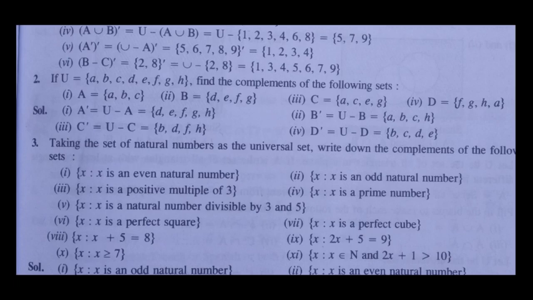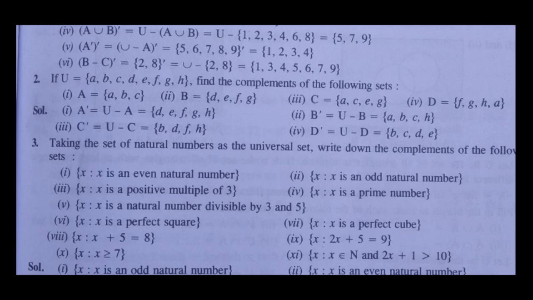See the second question. In the second question they have given, if U is the universal set and it contains A, B, C, D, E, F, G, H, find the complement of the following sets. It is the same as question number first, and sets A, B, C and D are given.